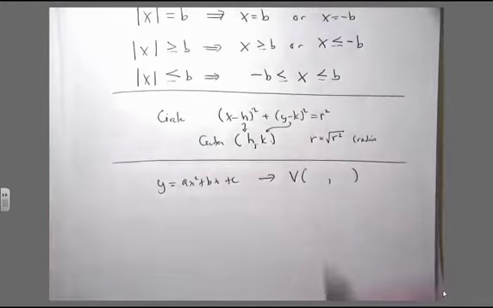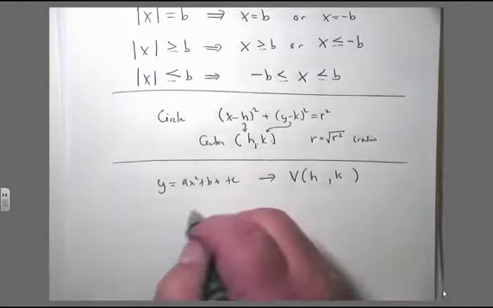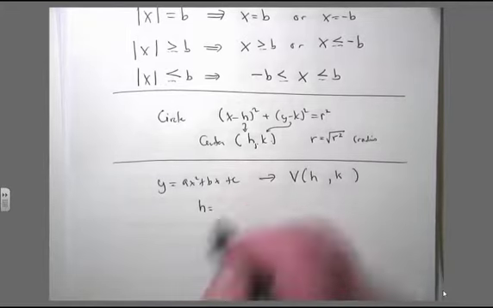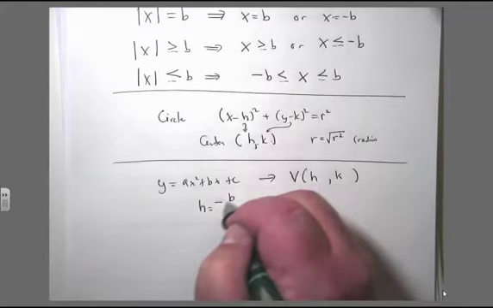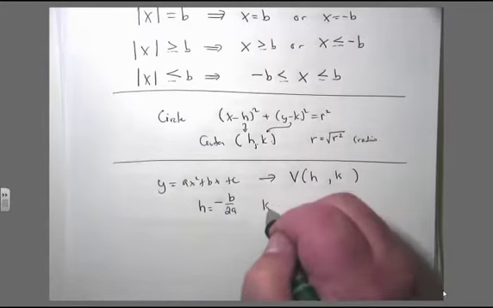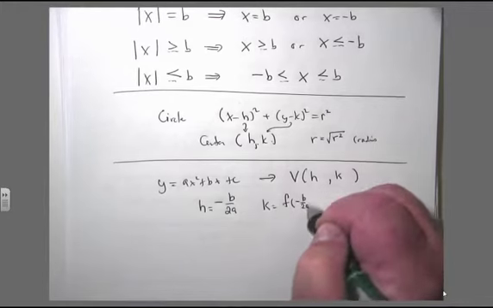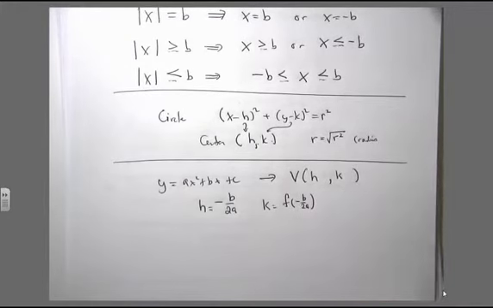Well, the vertex is traditionally called hk, that's going to be my point, but h has a special formula. h is equal to negative b over 2a, which comes from the quadratic formula. And k is equal to f of negative b over 2a, plugging it into your function. This is the formula for the vertex.